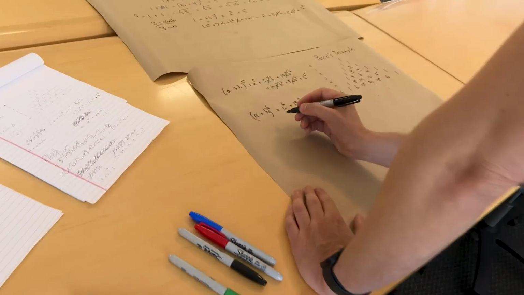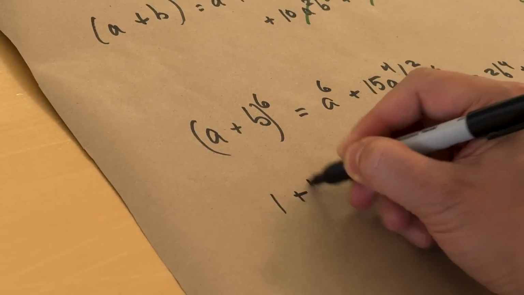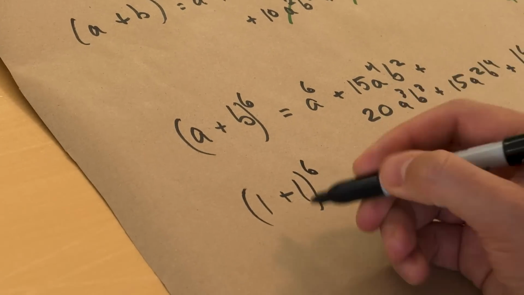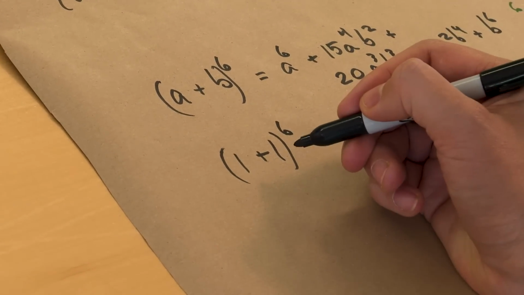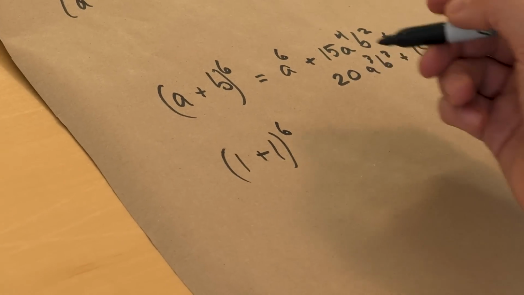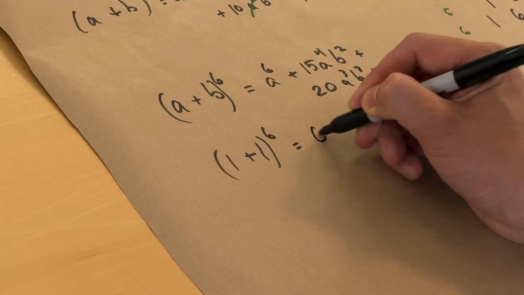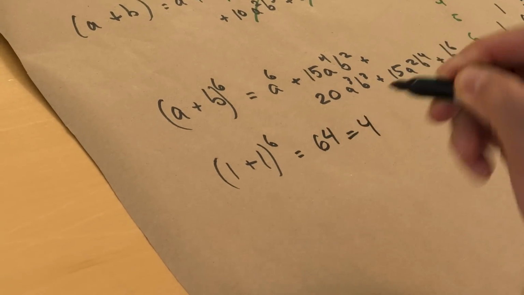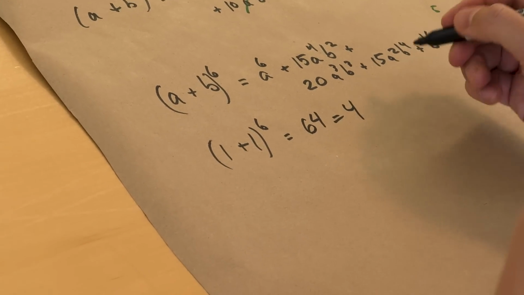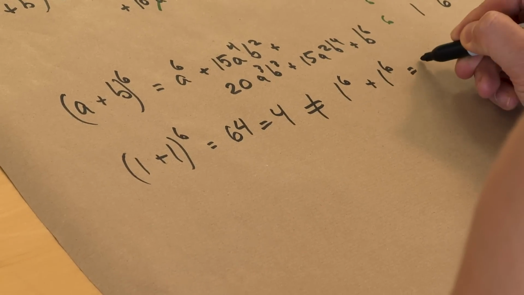So this is on the 6 clock over here: 1 plus 1 to the 6, on the 6 clock, 2 to the 6 is 64, which is the same thing as 4. But of course, 1 to the 6 plus 1 to the 6 is 2, and so those two are not the same on the 6 clock.